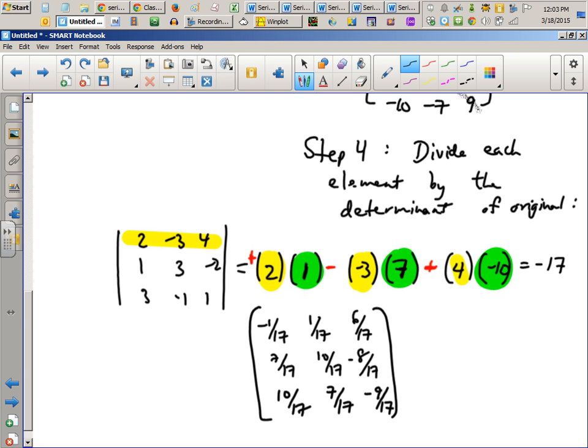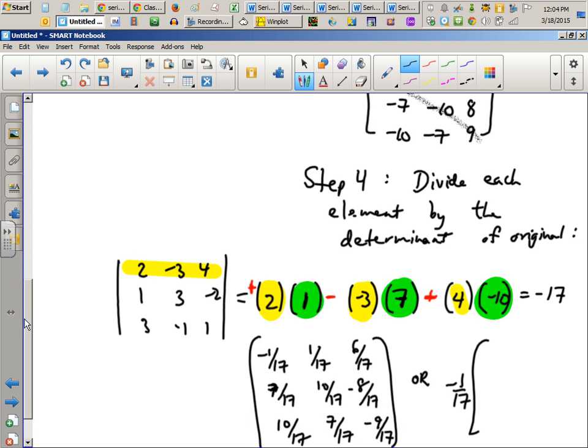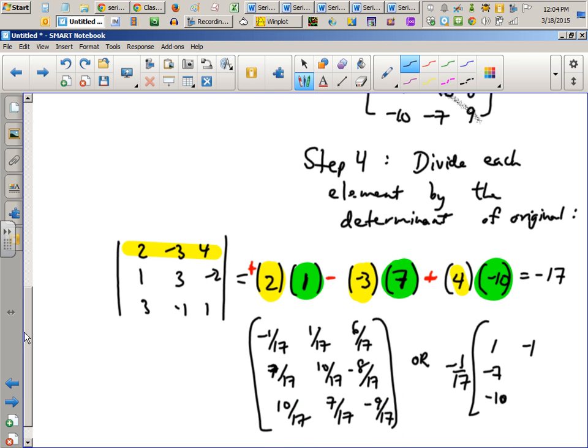Or, if that's too many 17s for your tastes, simply leave the -1/17 out front and put your adjoint matrix next to it, with the understanding that you'll distribute if you need to.